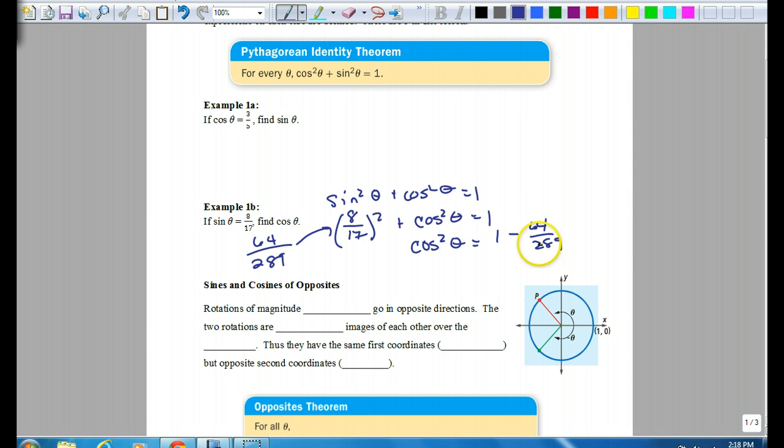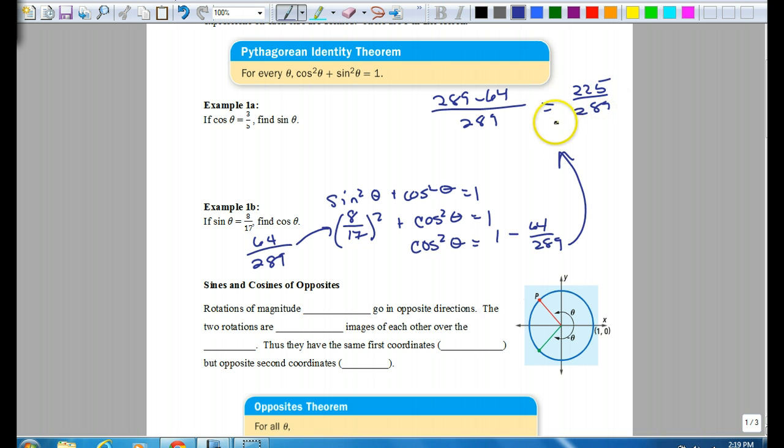So if I move this up so I have room, it would be 289 minus 64 over 289. What do you get when you subtract those? So you get 225 over 289.